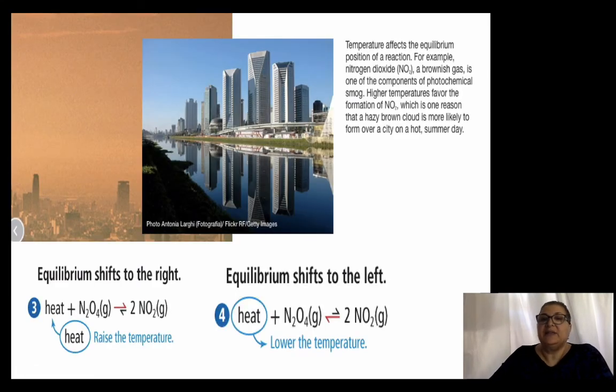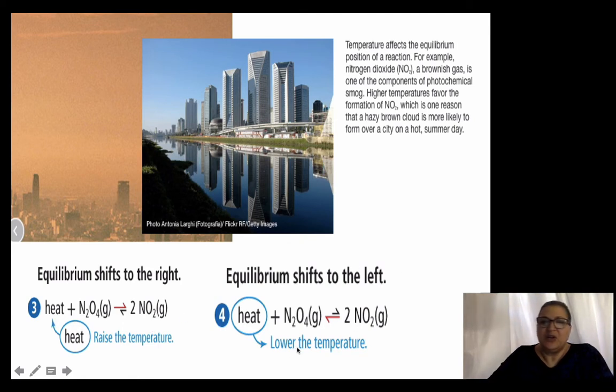All right, this one is the most common reaction that you see in the environment, the NO2. On a hot day, you find the environment a little bit hazy. That's because it shifts. This reaction is happening every day, and when the temperature goes up, it shifts towards NO2.